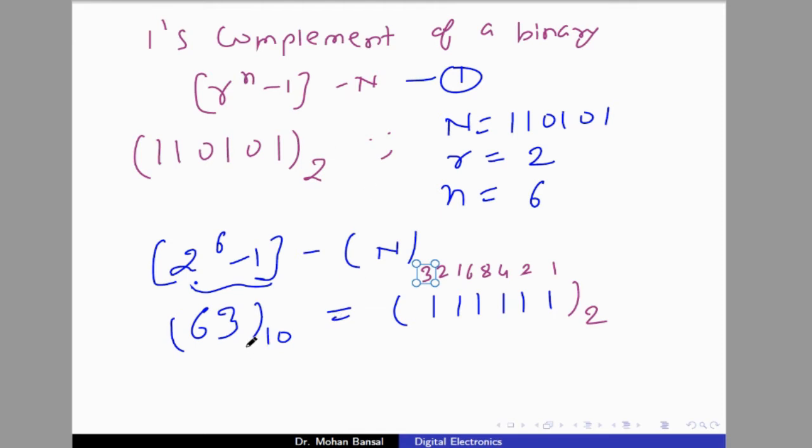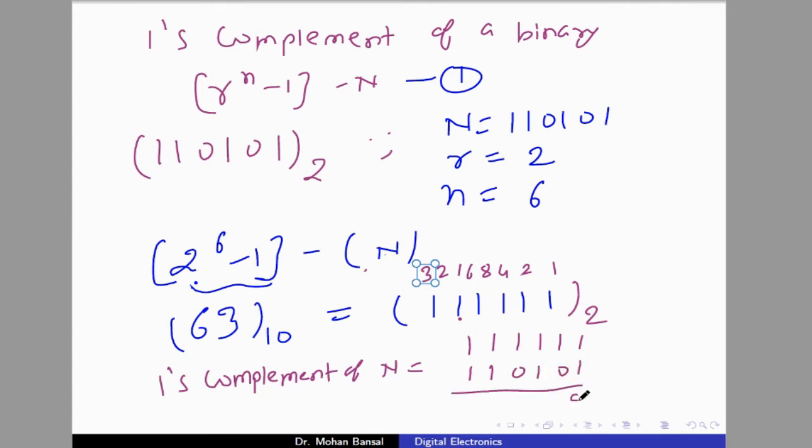So here what we are doing is subtracting N from all ones. So we can get the ones complement of N by subtracting all the bits from 1. 1 minus 1 is 0, 1 minus 0 is 1, 1 minus 1 is 0, 1 minus 0 is 1, and 0 0.